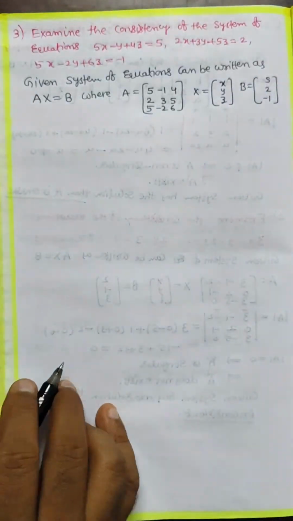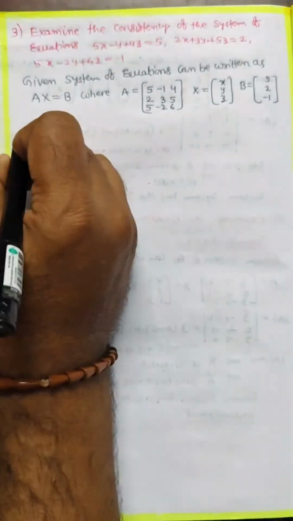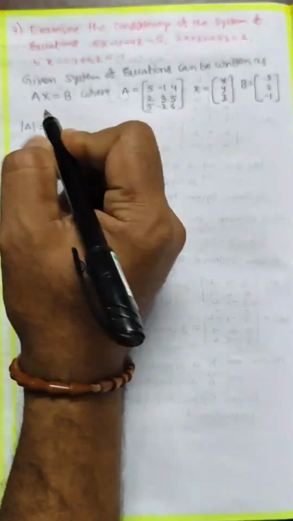After this, we can find the determinant of A to decide whether it is consistent or not.